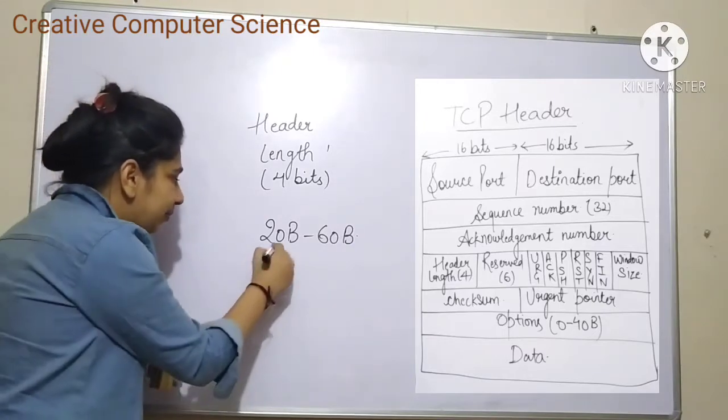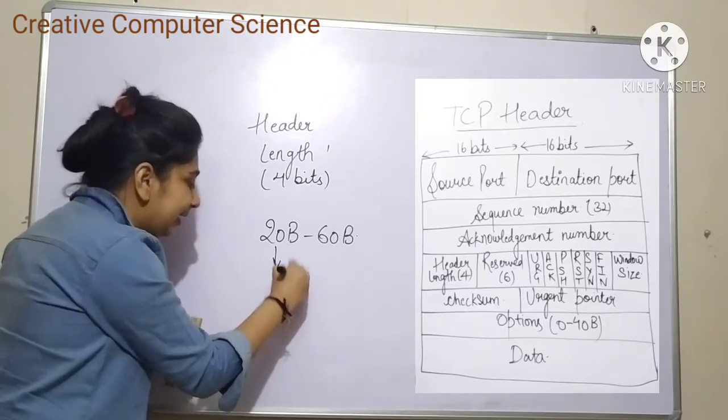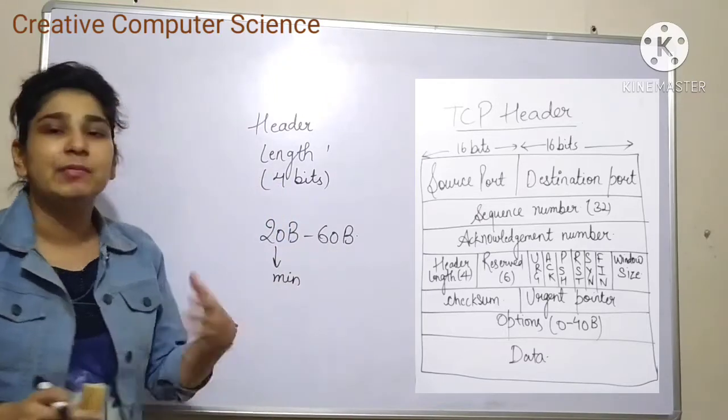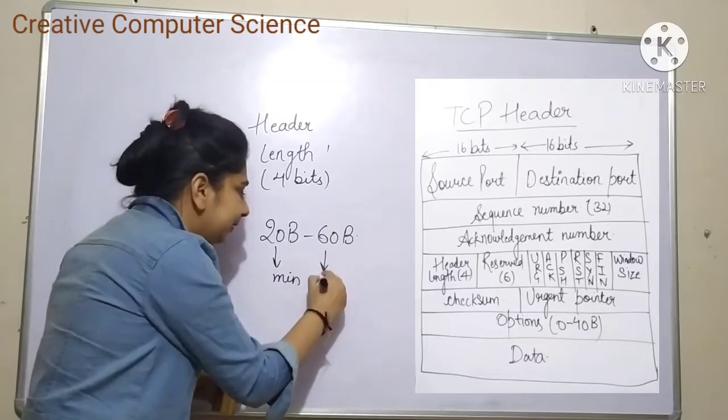So 20 bytes is the minimum length of the TCP header and 60 bytes is the maximum length of the TCP header.